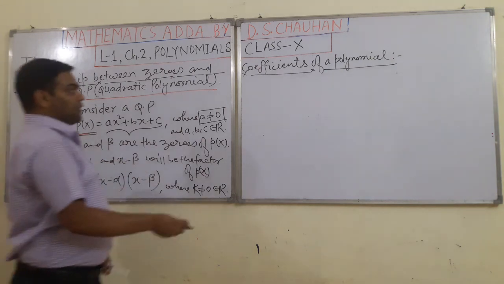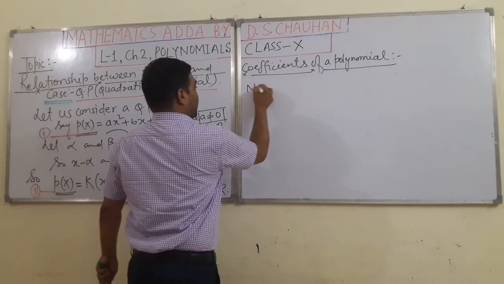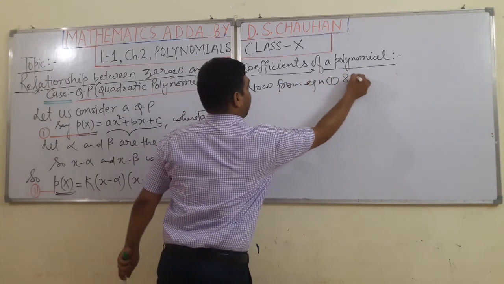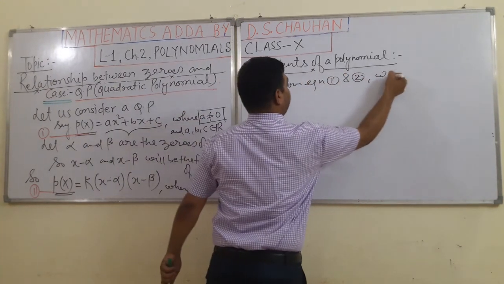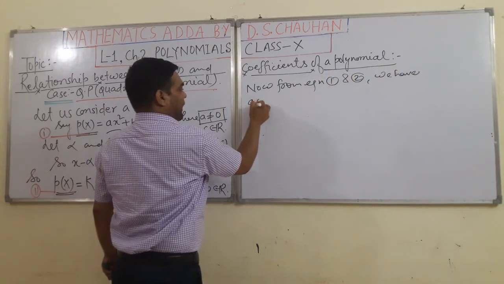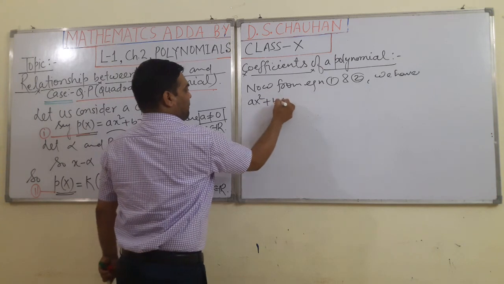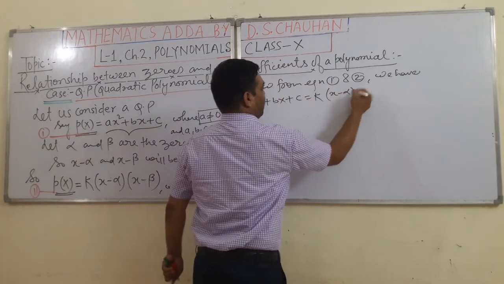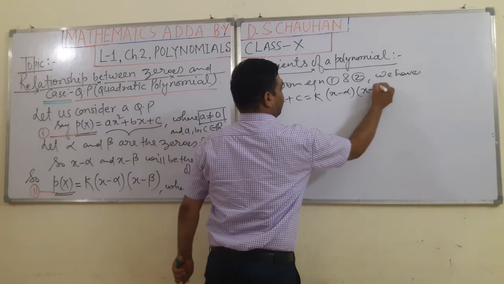Now from equations 1 and 2, we have ax square plus bx plus c equal to k times (x minus alpha) into (x minus beta).